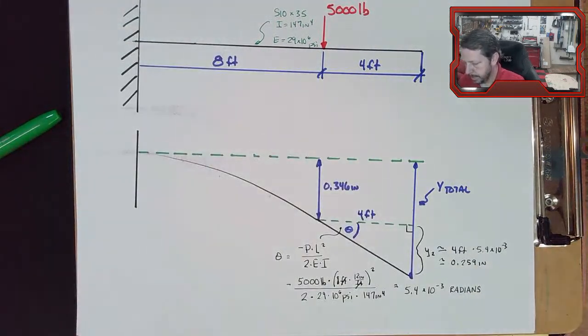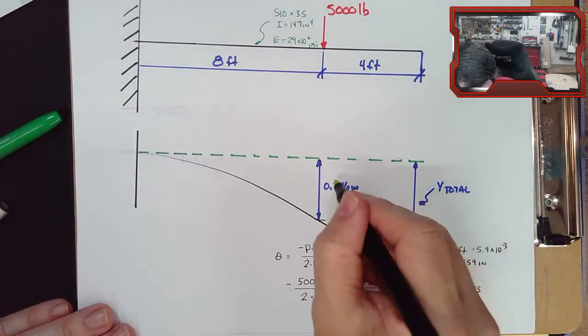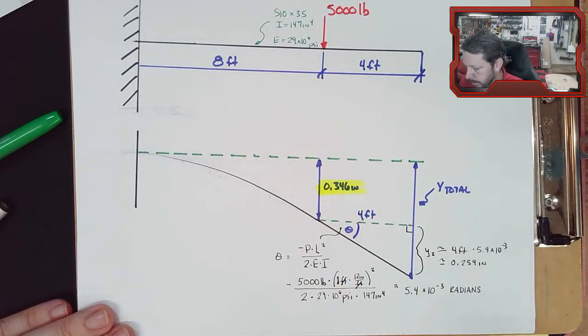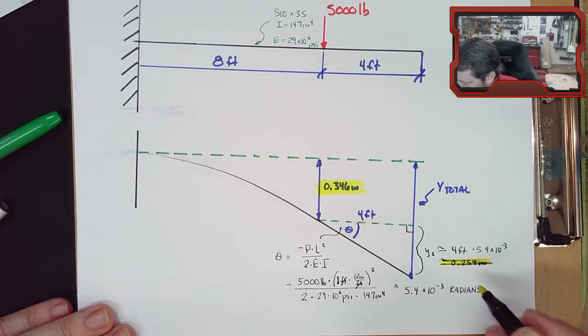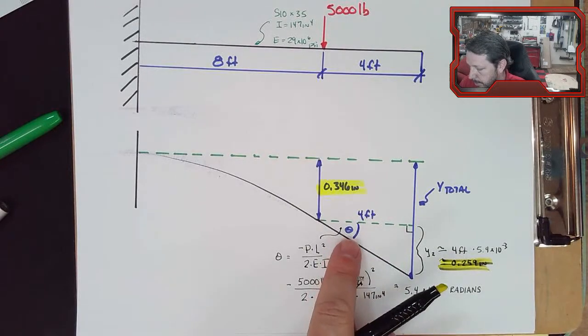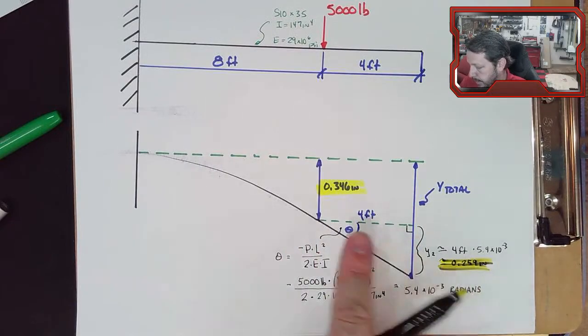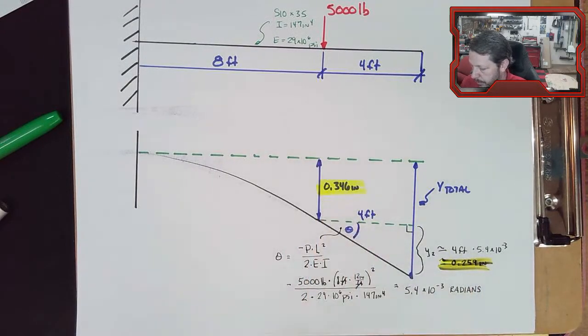So then I can take those two, the 0.346 from case 1 directly, and the 0.259, from the slope at the end of the beam from case 1, where we figured out this triangle right here. So we'd add those two, 0.259 and 0.346, and that would give us the total deflection at the end of the beam.